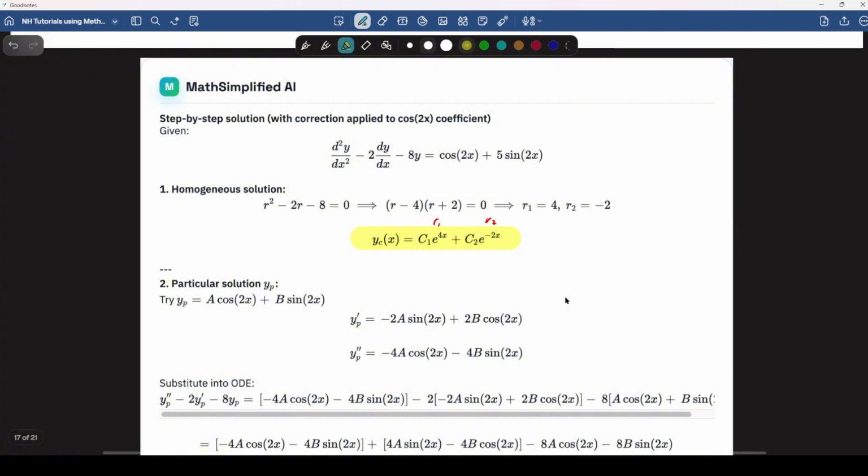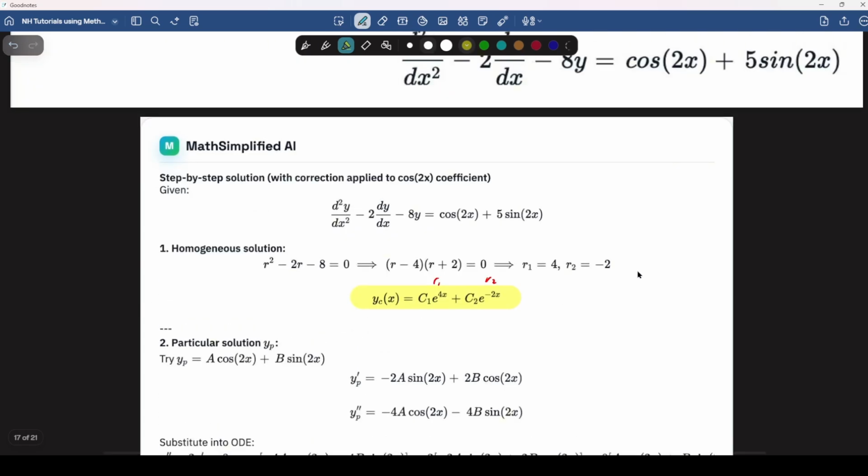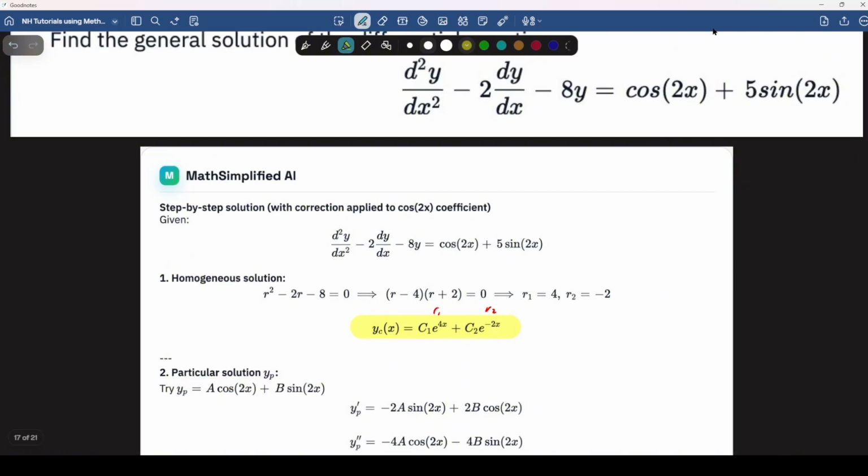Okay, the next part is the particular solution yp. In this case we have cos 2x and 5 sin 2x, so the beta in this case is 2. This is our beta, but a different kind of beta here.